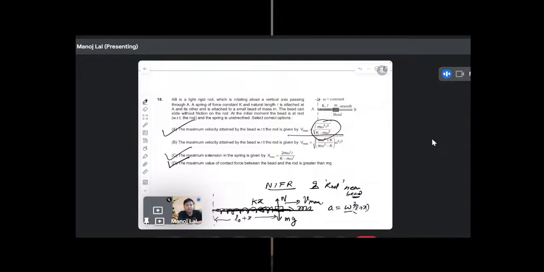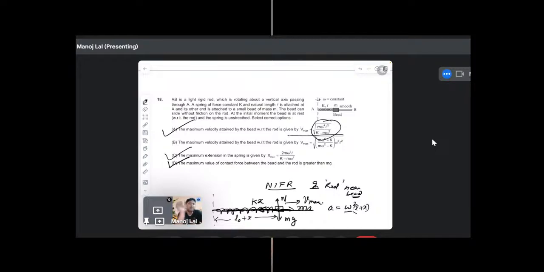Would you like to solve the same question using simple harmonic motion? Yes, you can. It's not difficult at all. If you want to find the maximum velocity with the help of simple harmonic motion, you can do it. With respect to the non-inertial frame, take some position x, slightly greater than x_e, the equilibrium position.